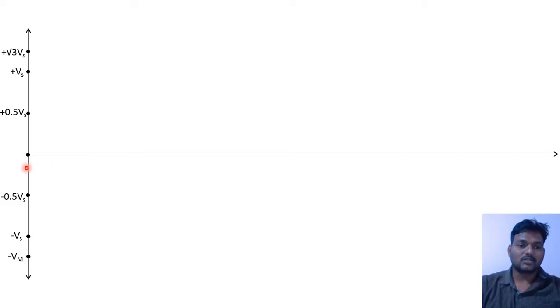Similarly, on the x-axis, at the origin you write 0 degrees, and then from here towards the right side, measure 1 centimeter and put a dot and name it as 30 degrees.